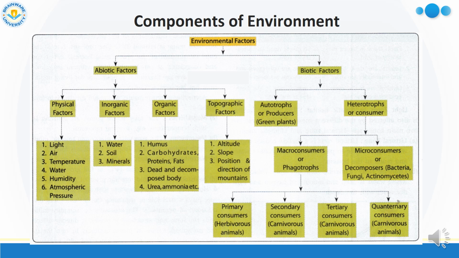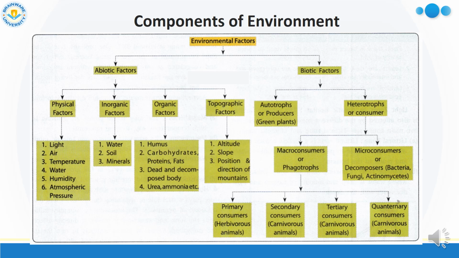Now heterotrophs or consumers can be divided into two major parts, macro consumer or micro consumer. Macro consumer means large organisms and micro consumer means very tiny living organisms like bacteria, fungi, etc., and they are known as decomposers.